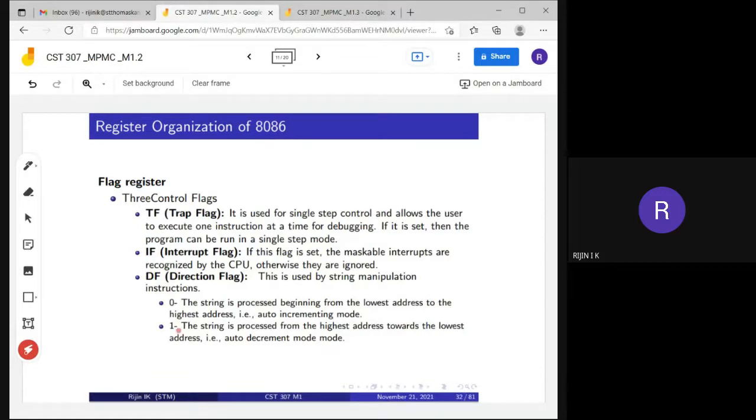If it is 1, the string is processed from the highest address to the lowest address, like auto decrement mode. So that is the direction flag. These are the three control flags available in the 8086: trap flag, interrupt flag, and direction flag.